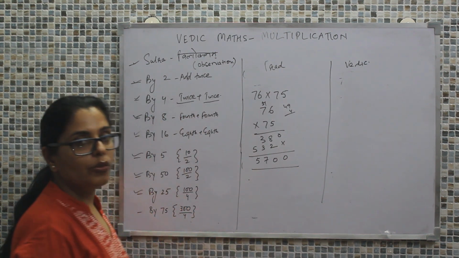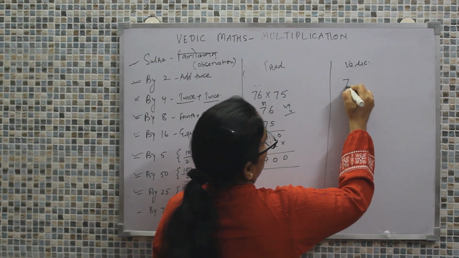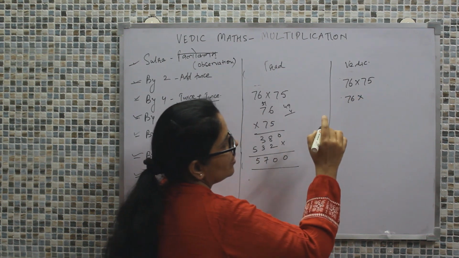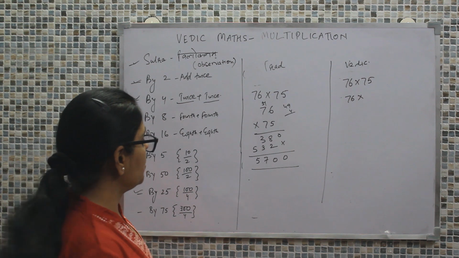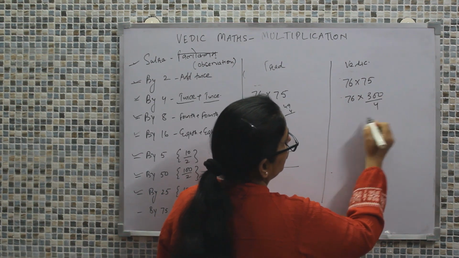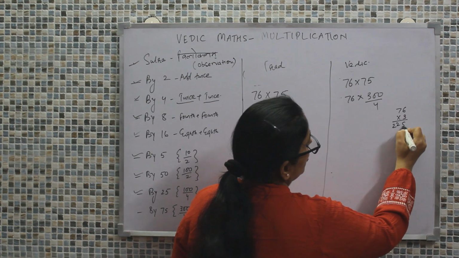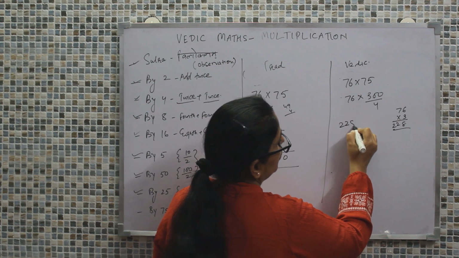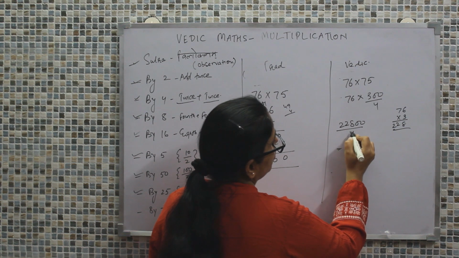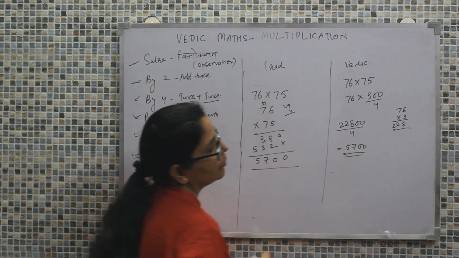So this is the answer by the traditional approach. And if we go with the Vedic approach, for getting 75, we need to multiply by 300 and divide by 4. It means simply 76 into 3, 228. So we have 22800 upon 4. So that is going to come to 5700.